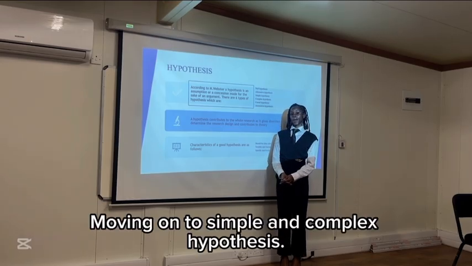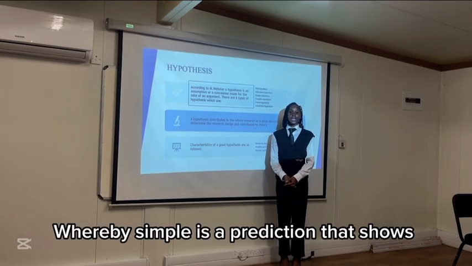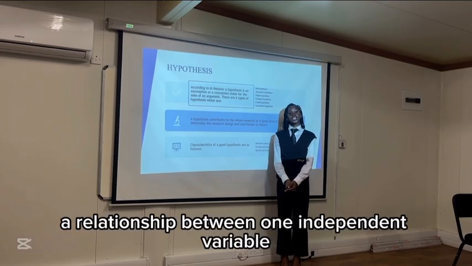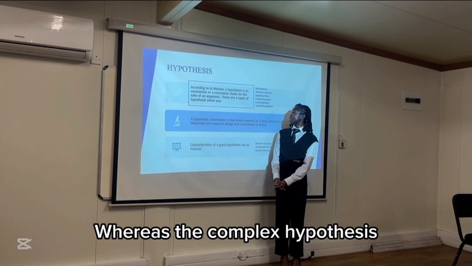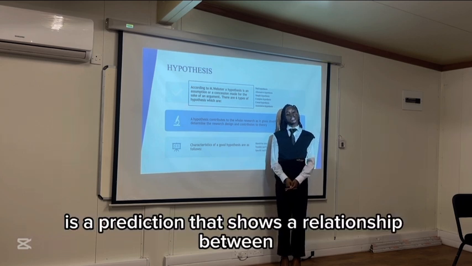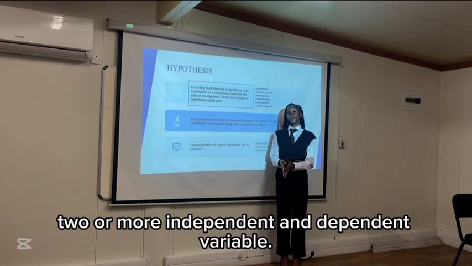Moving on to simple and complex hypothesis, whereby simple is a prediction that shows a relationship between one independent variable and one dependent variable, whereas the complex hypothesis is a prediction that shows a relationship between 2 or more independent and dependent variables.